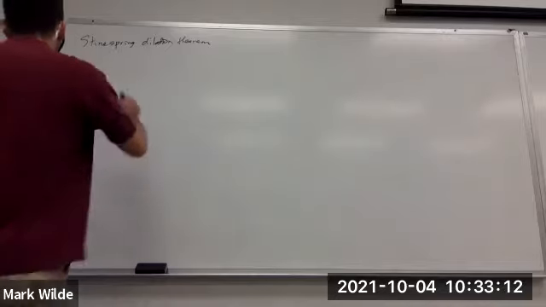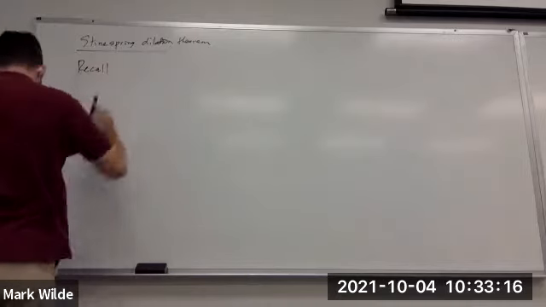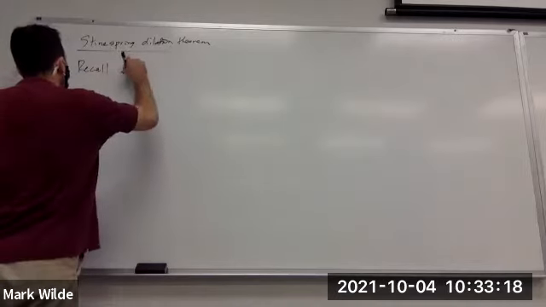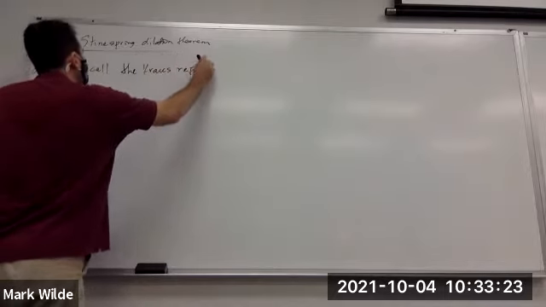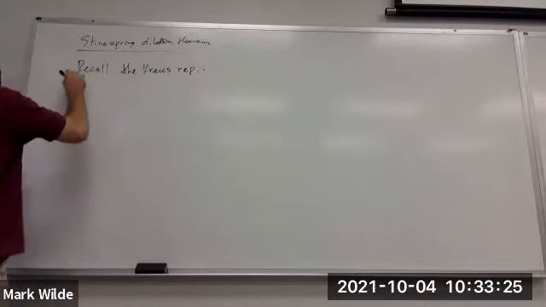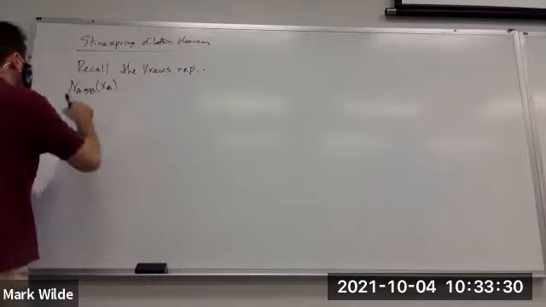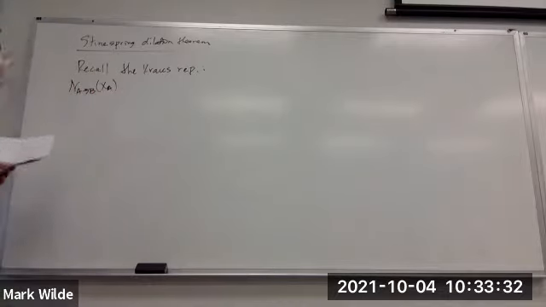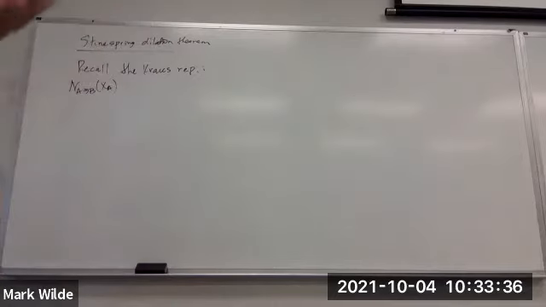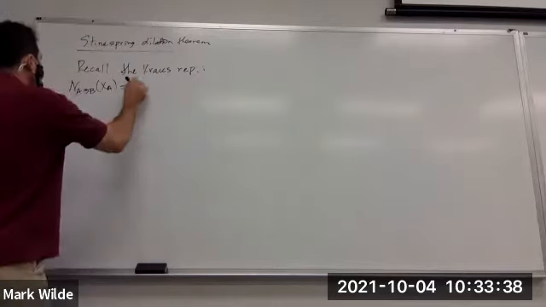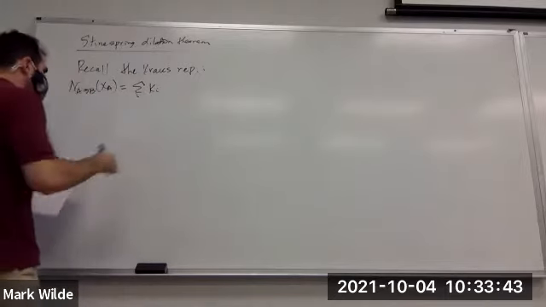Okay, so to talk about this, let's first recall the Kraus representation. This is that every channel, its action on an arbitrary operator X, which, if you're thinking in a physical context, is going to be a density operator, can be written as this linear superoperator.